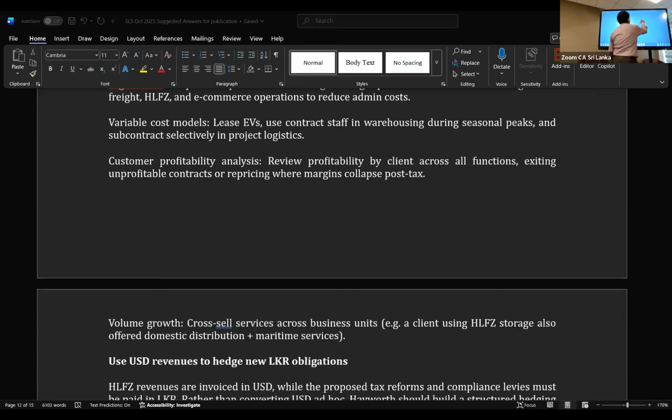If you start from net profit, which is after tax, then you add depreciation, minus capital expenditure, minus changes in working capital, right?